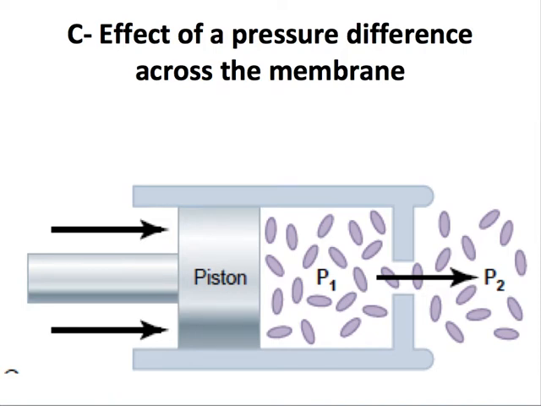The pressure difference in this case is around 20 millimeters of mercury greater inside the capillary than outside, and this results in increased diffusion from the high pressure to the low pressure. So, if I summarize the main factors on which net diffusion depends, these will be the concentration difference, then the voltage difference, and finally the pressure difference.